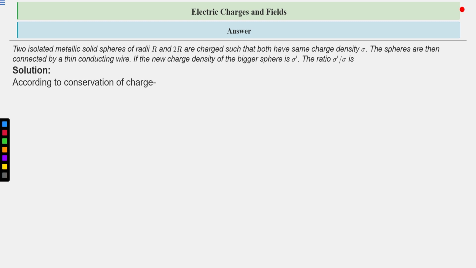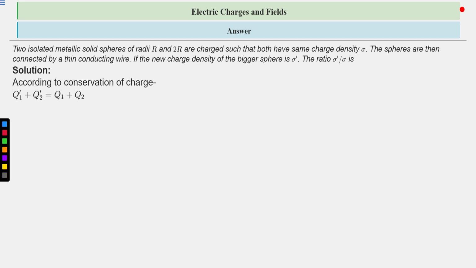So according to conservation of charge, now we are connecting both the metallic solid spheres with a thin conducting wire. So charge will transfer from one solid sphere to another to make the potential on both the surfaces equal. But the net charge on both the metallic solid spheres remains conserved. Means the net charge after the transfer from one sphere to another is equal to the net charge before the transfer.